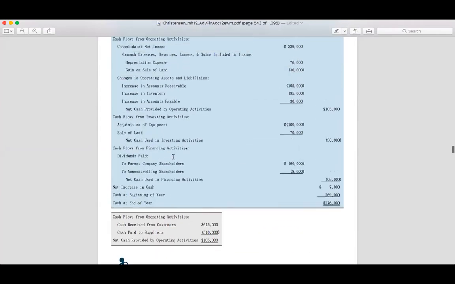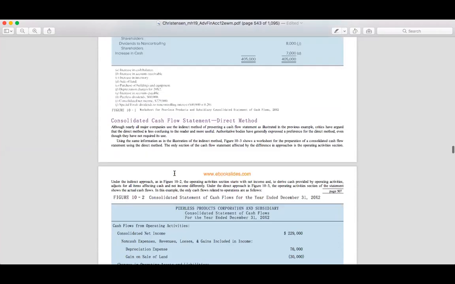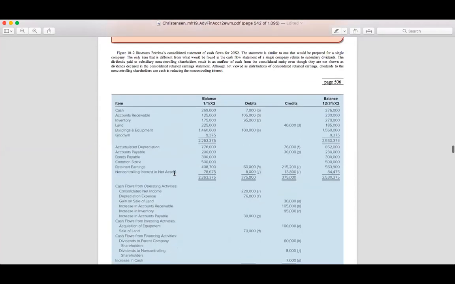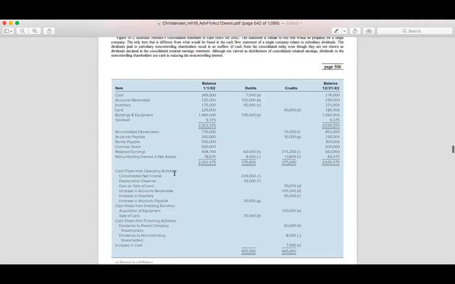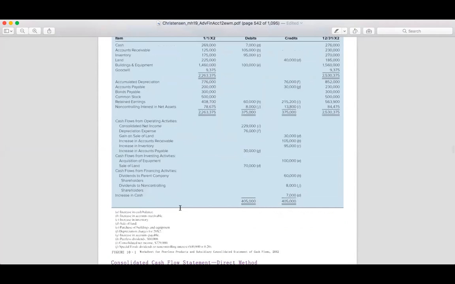I'm going to give it to you because I have the example of the consolidated statement of cash flow using that method in my book. So yes, now I realize why. I think this is a figure. No, this is 10.1.